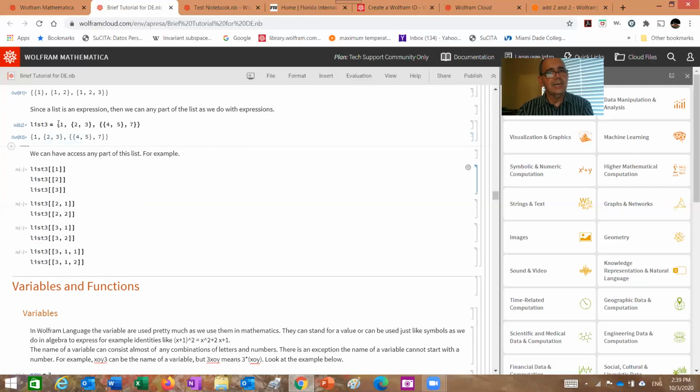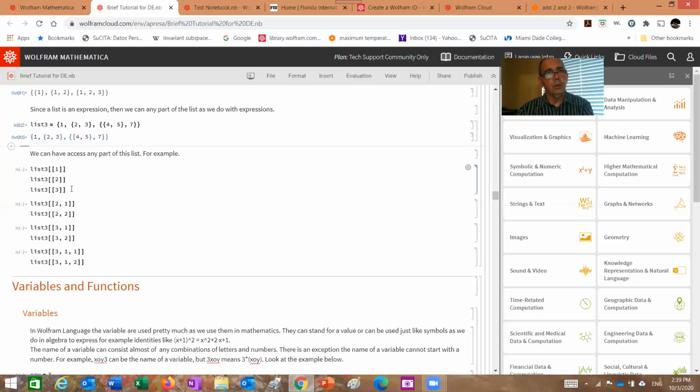You want to get all 3 elements of this list. The first one is a number, the second one is a list, and the third one is a list that contains a list and a number. Then you enter it this way: list 3 with 1 between brackets for the first element, list 3 with the number 2 between brackets for the second element, and list 3 with 3 for the third one.